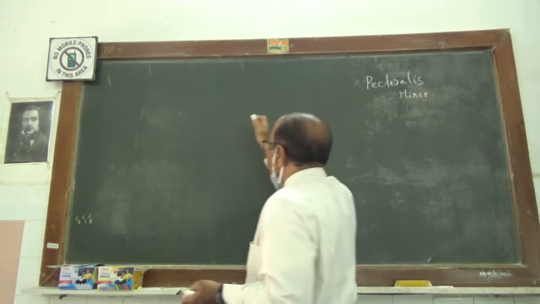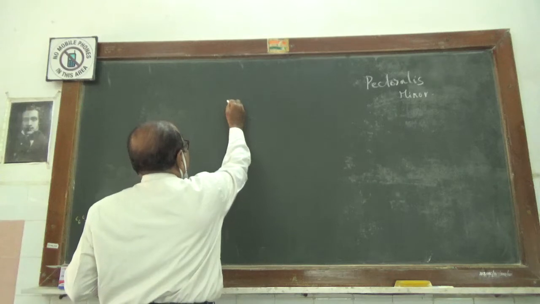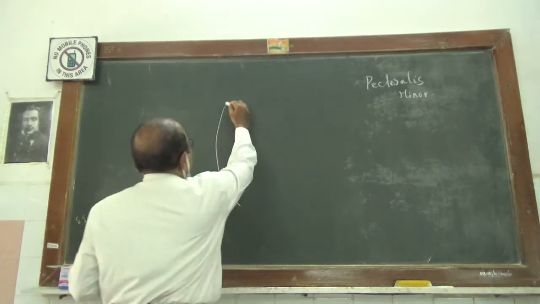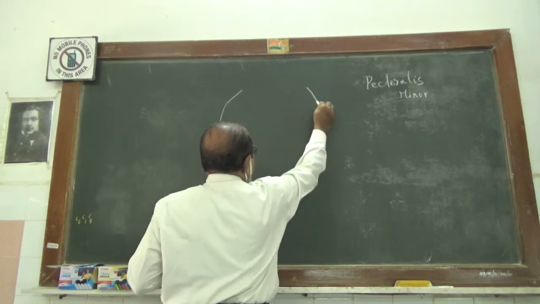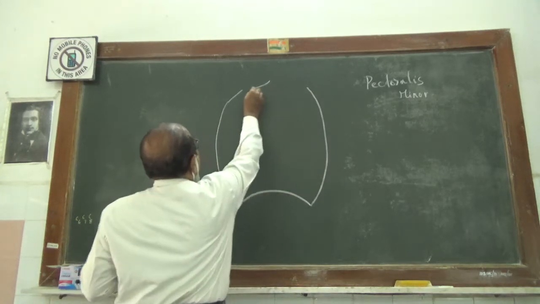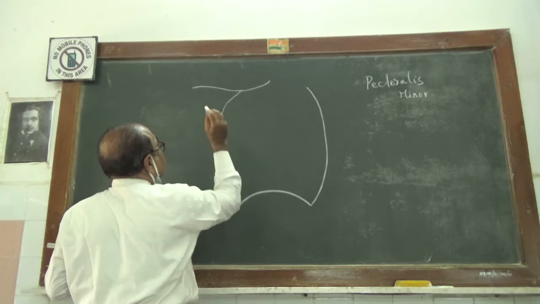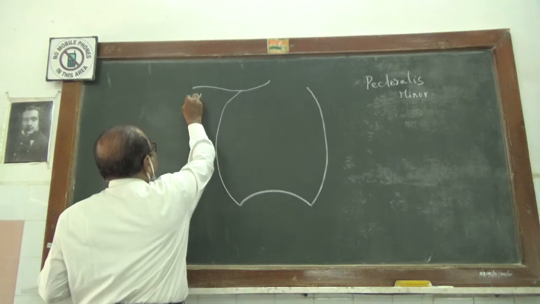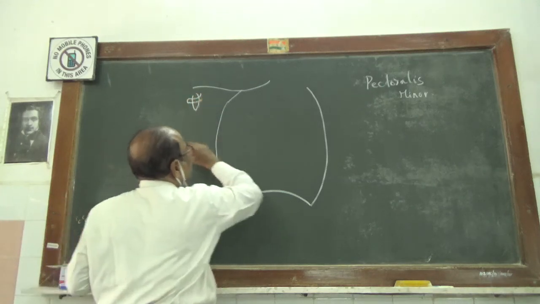Now to understand this pectoralis minor, you should have the thoracic cage diagram, like this. You will have the clavicle, the same as yesterday's diagram, the glenoid cavity, and the coracoid process.